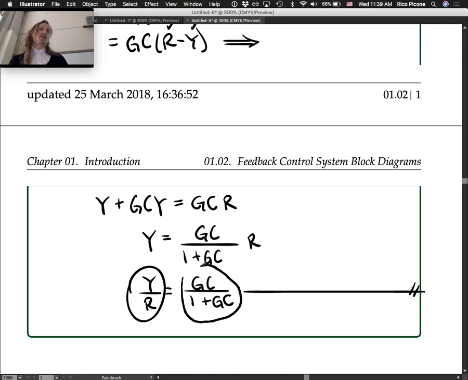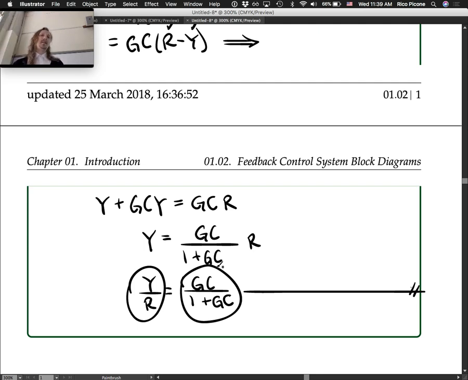I don't know of any deep reason why it looks like that compared to the standard form. Remember that G and C are themselves transfer functions with polynomials in s. So when you expand them and simplify, this will be one fraction with a polynomial in s in the numerator and a polynomial in s in the denominator.